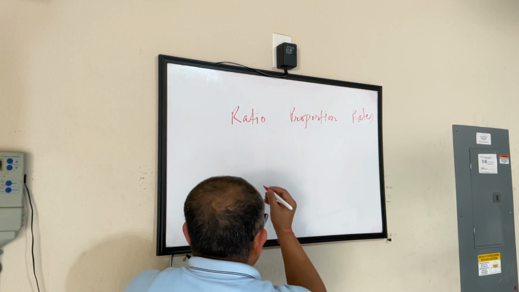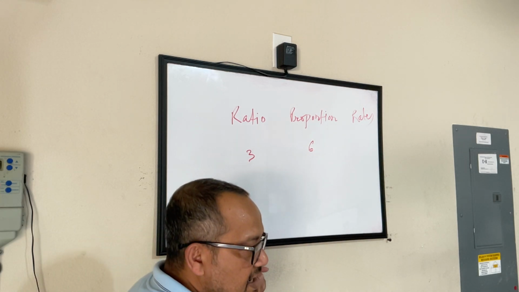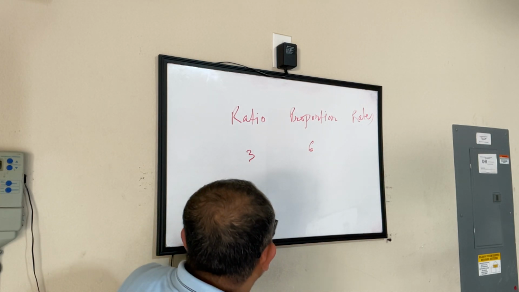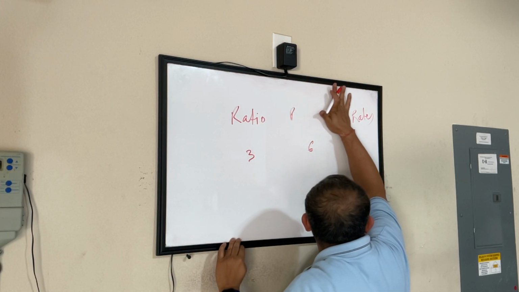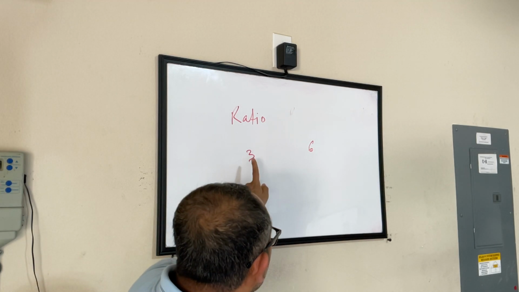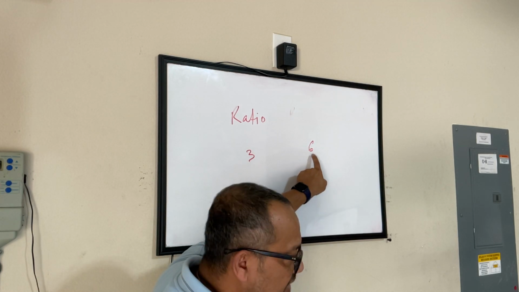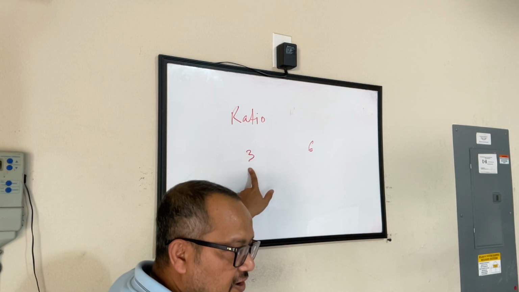Now, 3 versus 6. I'm talking about ratio right now, okay? So, if I'm saying 3 versus 6, 3 is half of 6, 6 is 2 times 3, that we all know.